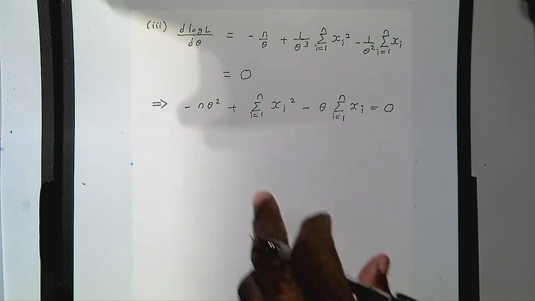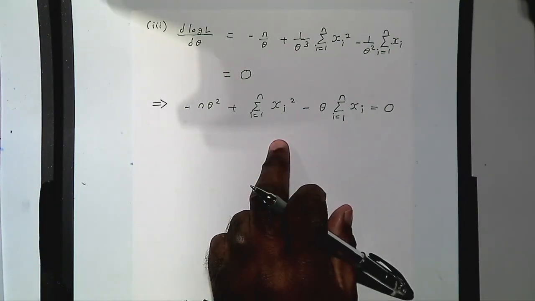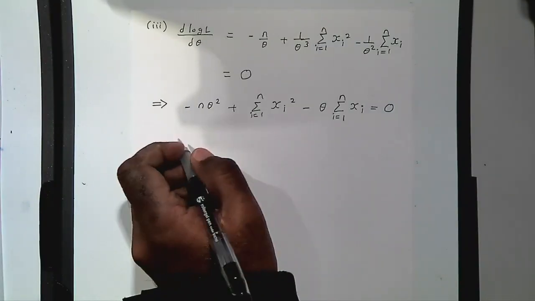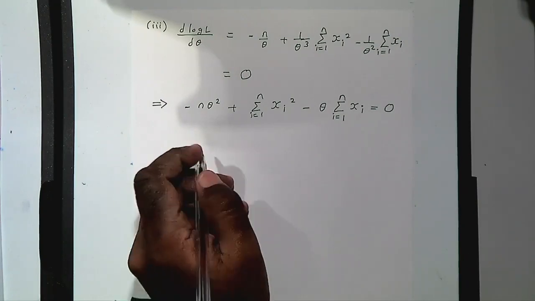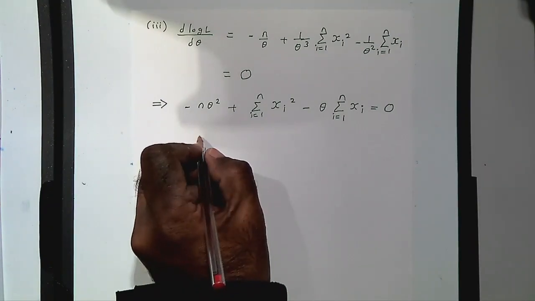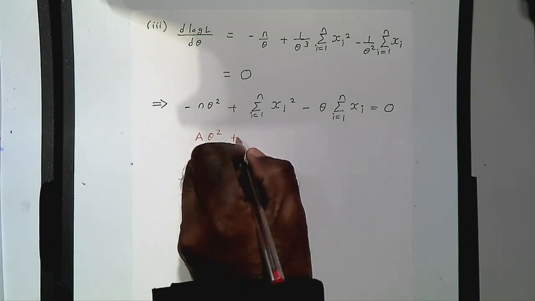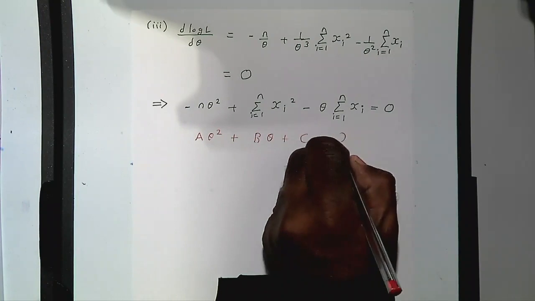All right. Now, what kind of equation is this? I mean, do you recognize this equation? It's a quadratic equation. I mean, you guys learned that in the nursery, right? Yeah. So I'm just kidding, but then if you have something like a theta squared plus b theta plus c equal to 0, right? What's the solution for theta?